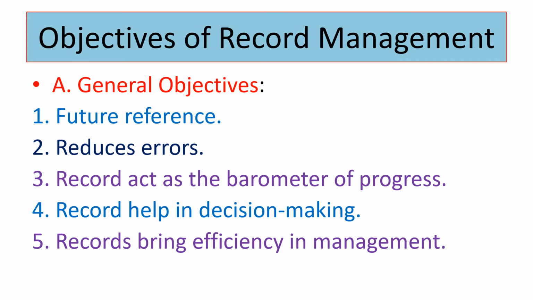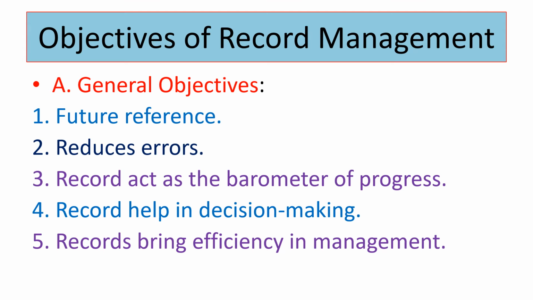The next point is reduces errors. When records are prepared, there is better control in the business. By preparing records, frauds and errors are detected, and steps are taken to reduce them. Next is records act as the barometer of progress.